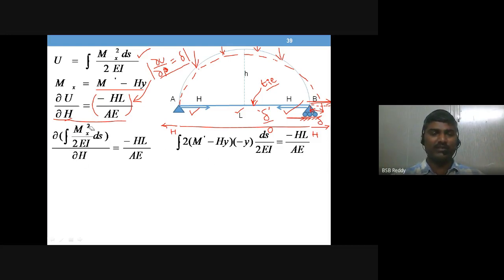So Mx square: 2 times Mx is again M dash minus Hy, and partially differentiating the term inside the brace, M dash minus Hy gives minus y. So ds by 2EI, and this 2 and this 2 get cancelled.